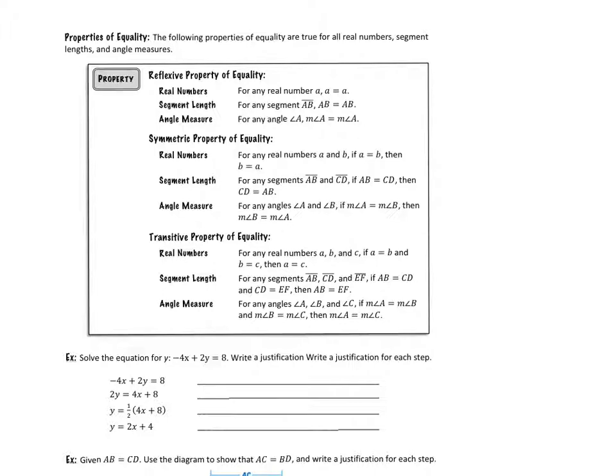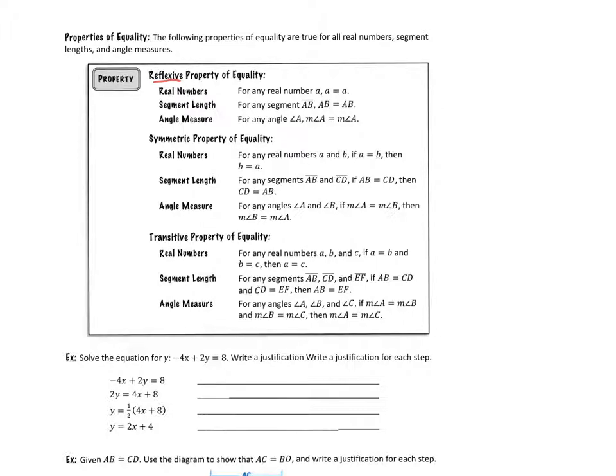So we have some more properties of equality that we can use. These are true for all real numbers, for segment lengths, and angle measures. So when we have reflexive properties of equality, and again, remember you can abbreviate that to POE. For any real number, A equals itself.